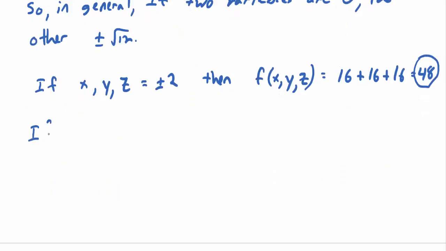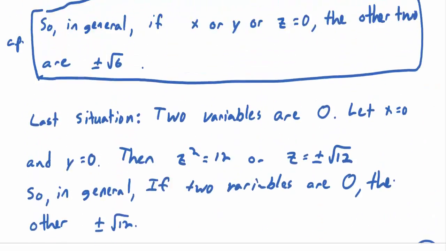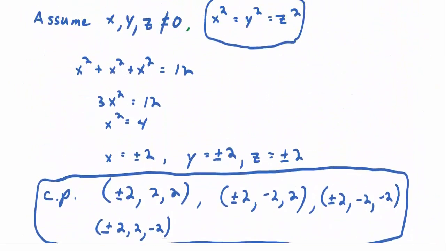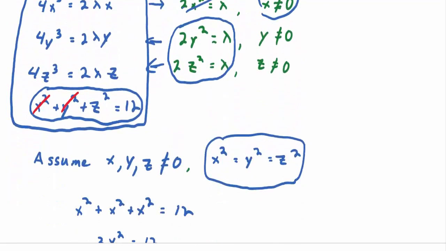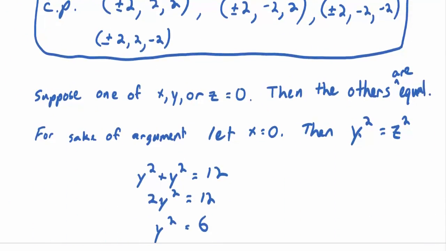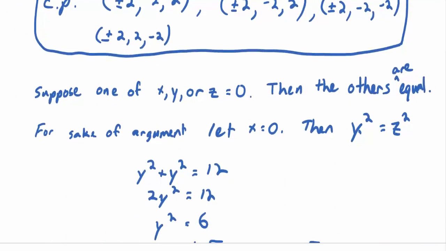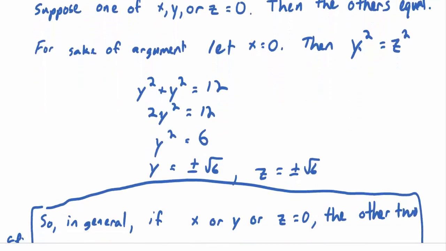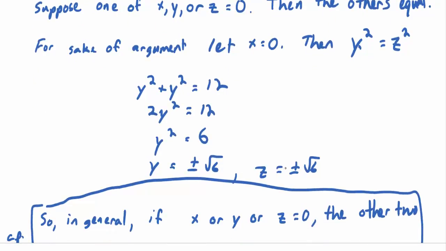If one variable is 0, then f is going to be, well, we know the other two are what? Then the other two are plus or minus root 6, right?